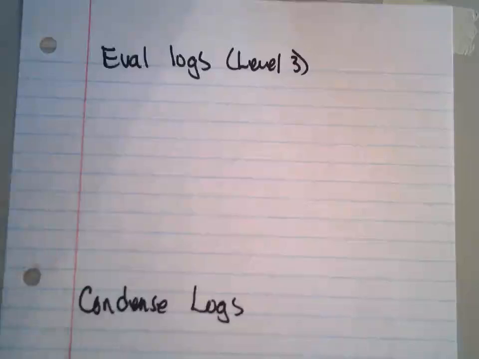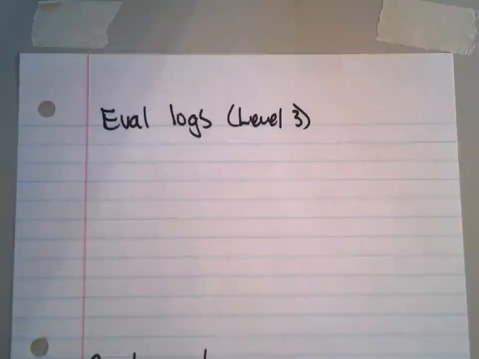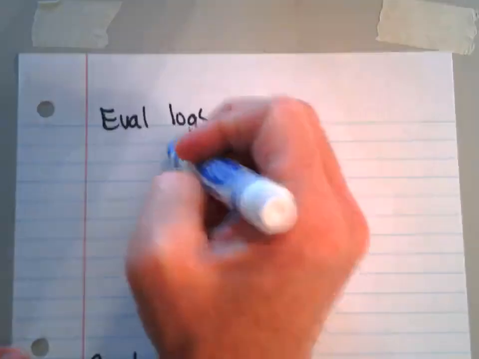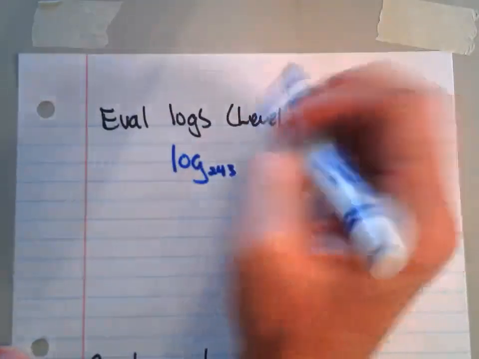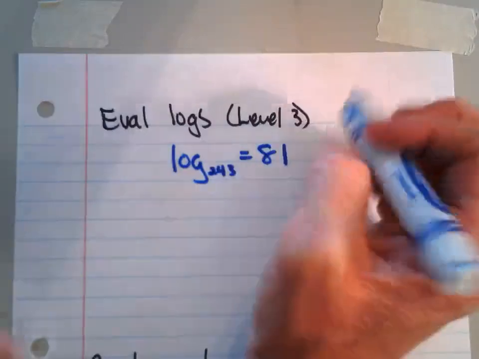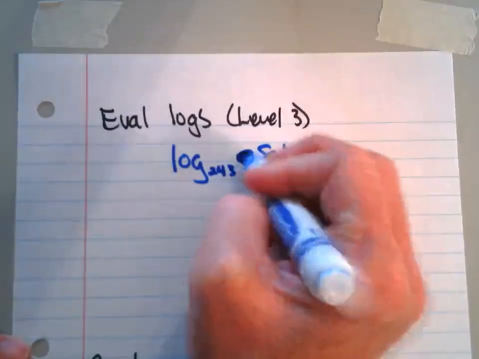We'll move into evaluating logs, the third level. And we get a problem that looks like this. Log base 243 of 81 equals. Oops, that is not correct. I miswrote that. That equal sign is not supposed to be there.